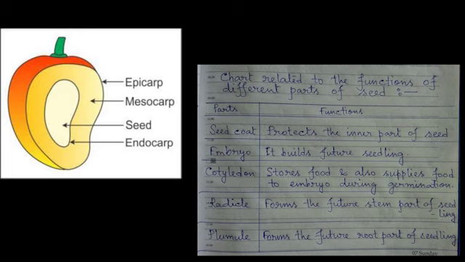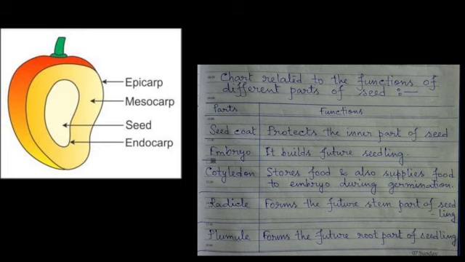Next, you come to page number 204. Here you have got the detailing of a seed structure. At page number 203, there is a practical work related to a pea seed. You may do it at your home to observe all the structures of a seed.